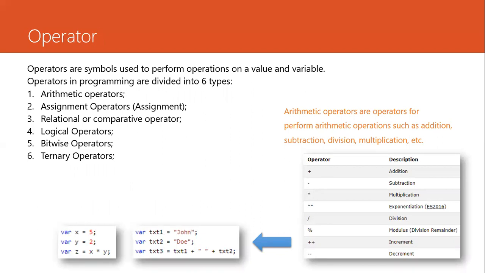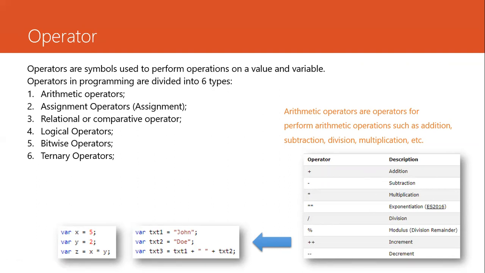And then, like in other programming languages, we also use operators in JavaScript. There are many kinds of operators, like arithmetic operators, assignment operators. Arithmetic is maybe the one we usually use.